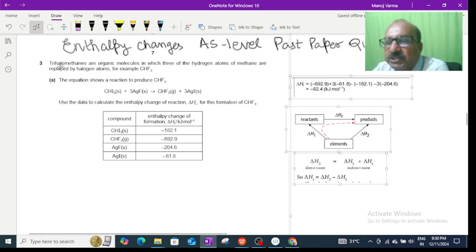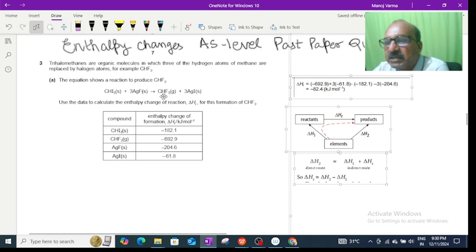The question says trihalomethanes are organic molecules in which three of the hydrogen atoms of methane are replaced by halogen atoms, for example CHF3. The equation shows a reaction to produce CHF3. So this is the reaction: CHI3 solid plus 3AgF solid gives CHF3 gas plus 3AgI solid.